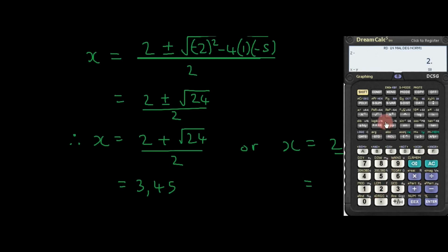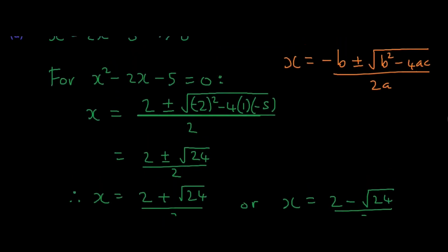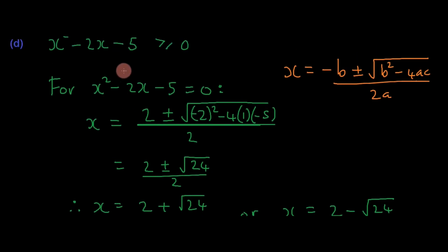Then 2 minus the square root of 24 divided by 2 is minus 1,45. We now have the roots of the quadratic x squared minus 2x minus 5. So now we can draw a parabola.